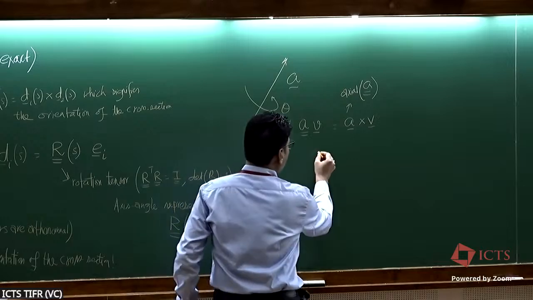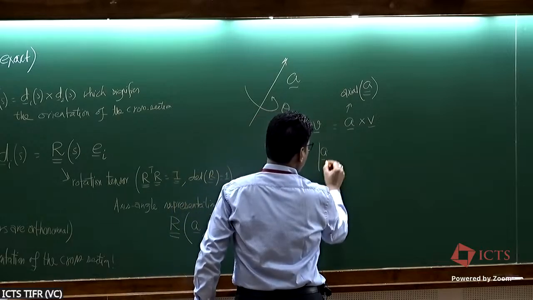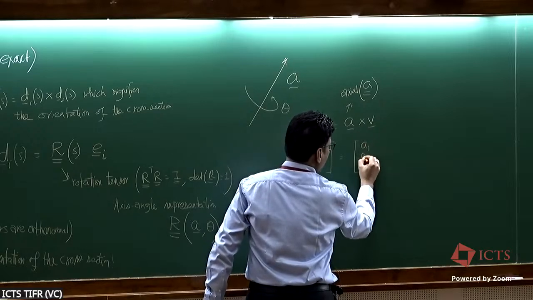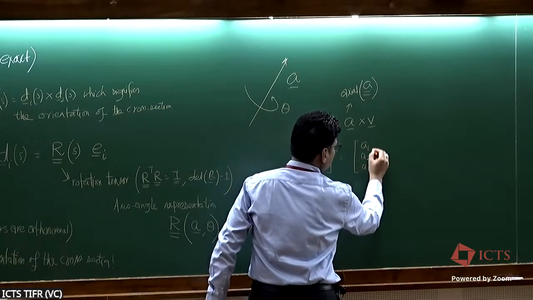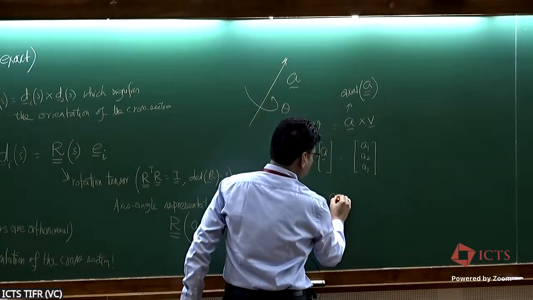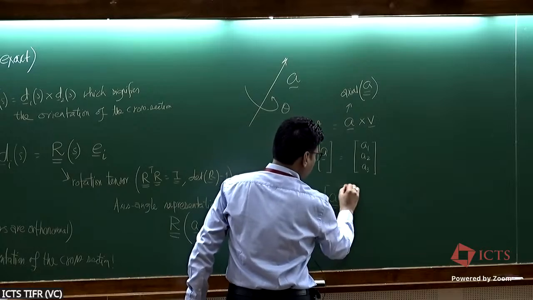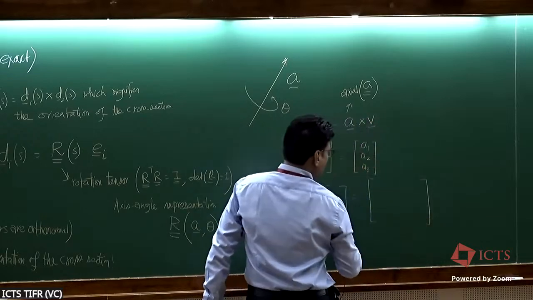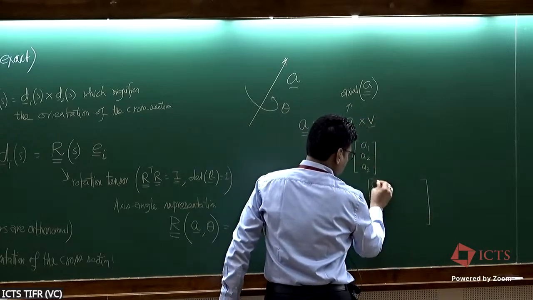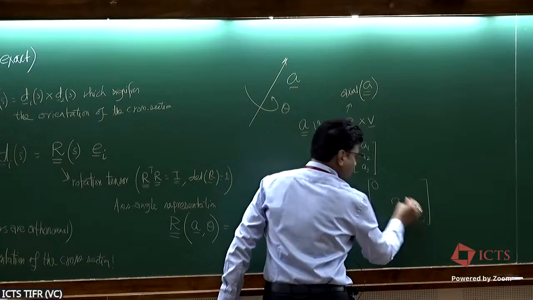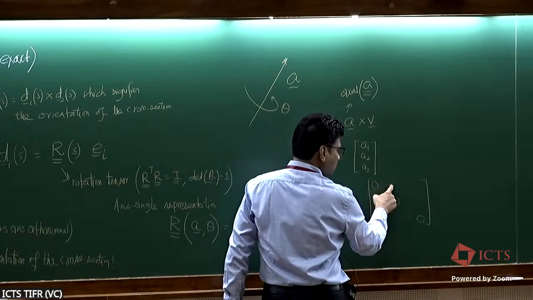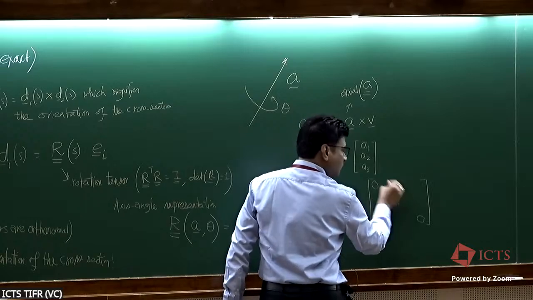So for example, if you write A in a coordinate system having the 3 components A1, A2, A3, then the skew symmetric tensor A in the same coordinate system will of course have 0 on the diagonal, and then this is 1, 2 component, so it gets A3.